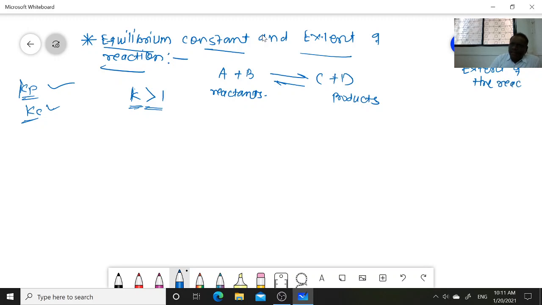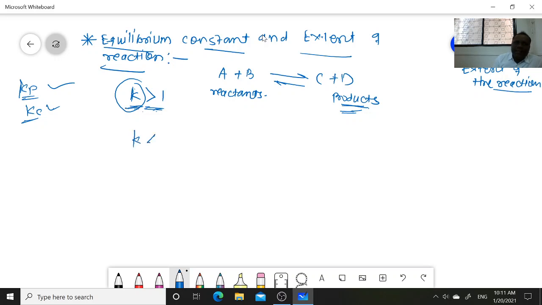The reaction extent means how much the reaction proceeds. When K is greater than 1, it is more favorable to the products, meaning at equilibrium, the concentration of the products is more.